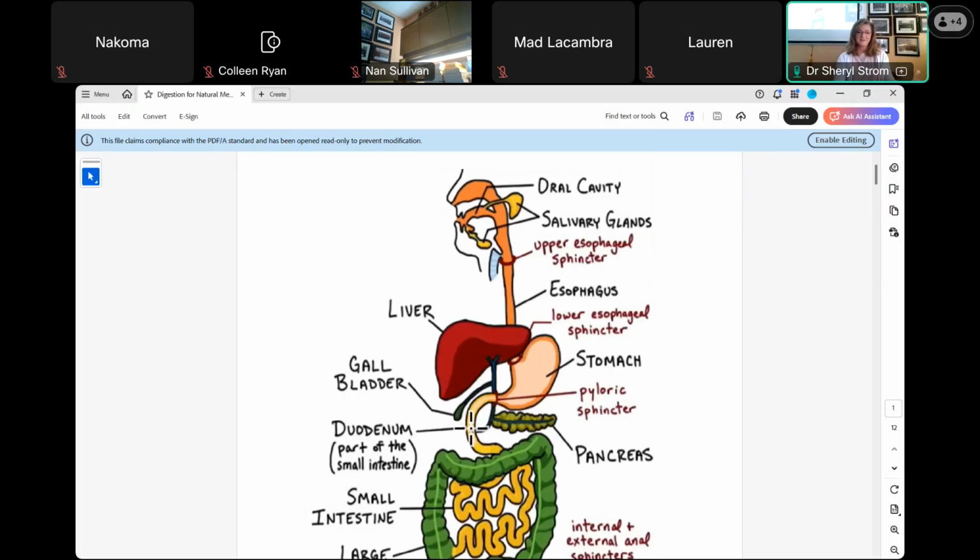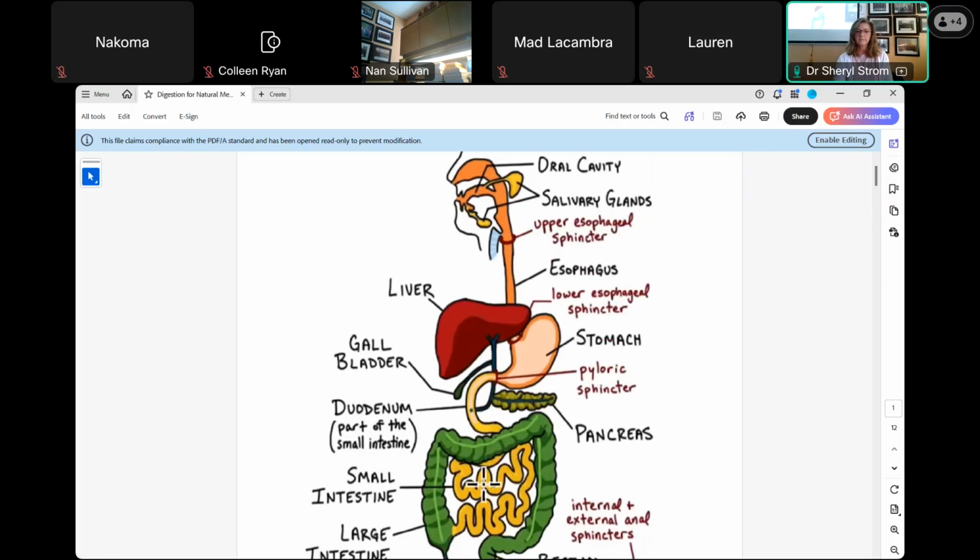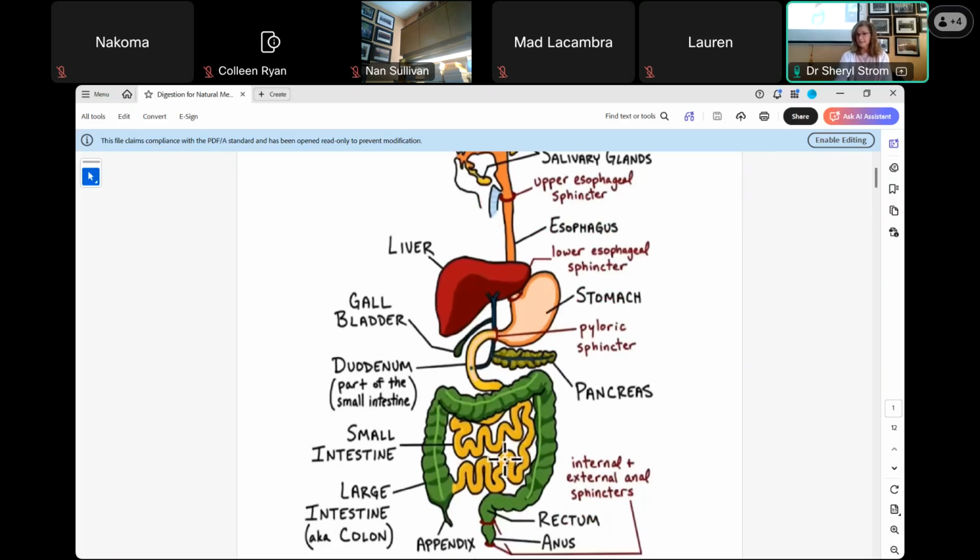Iridology, iridology, doesn't really matter. Tomato, tomato. Here's the duodenum. And then it goes into the small intestine. And then from the small intestine, it's going to travel all the way through like 22 feet. We'll talk about that.